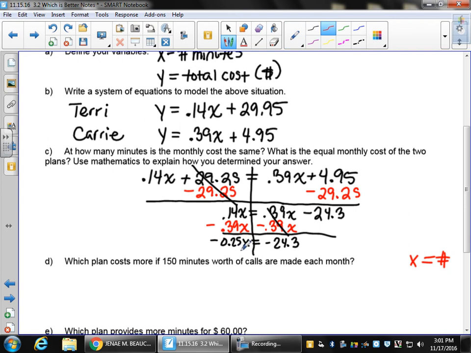Now to finish this up, we will divide both sides by negative 0.25. I mentally know negative divided by negative is a positive, so in my calculator, I'm just going to do the division, 24.3 divided by 0.25. And I got 97.2.